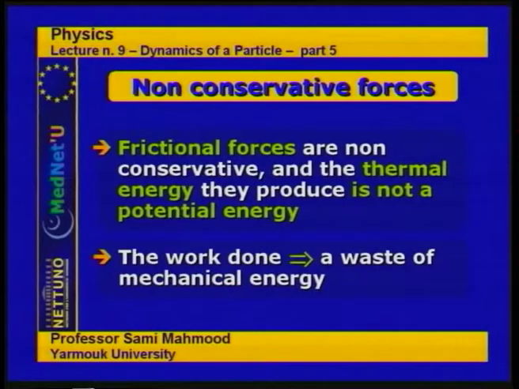These forces are somehow called dissipative forces, where when they act on the system or on part of the system, they lead to loss in the mechanical energy of the system. Thus, we conclude that the work done by a non-conservative force would lead to a waste in mechanical energy.